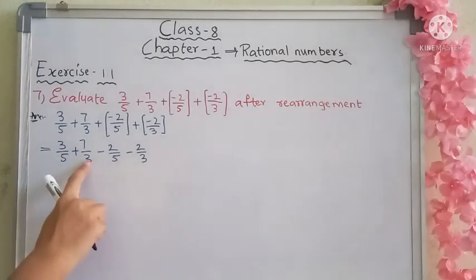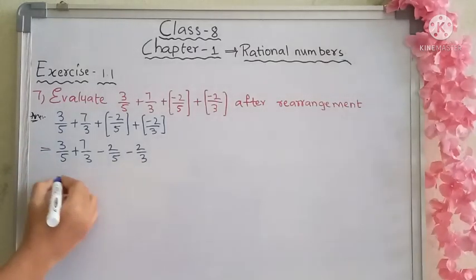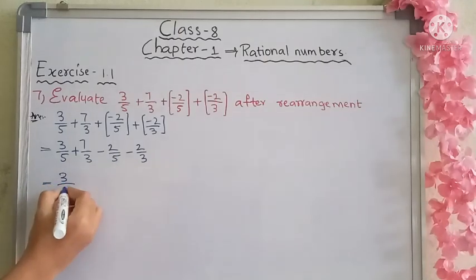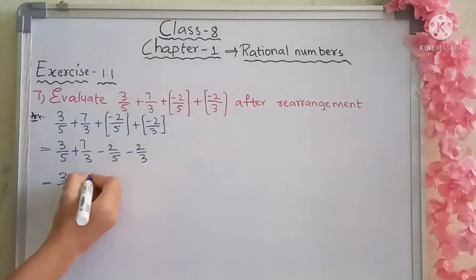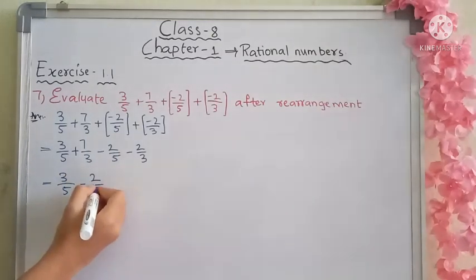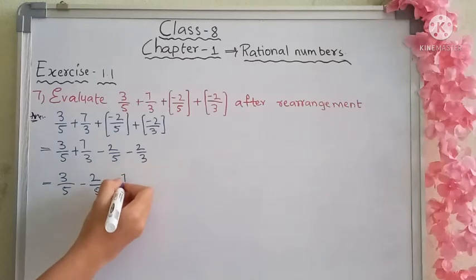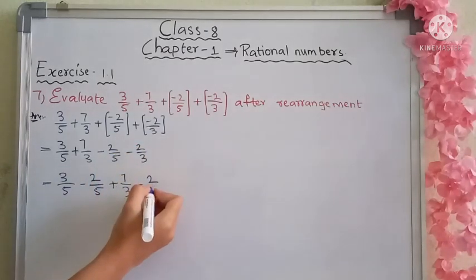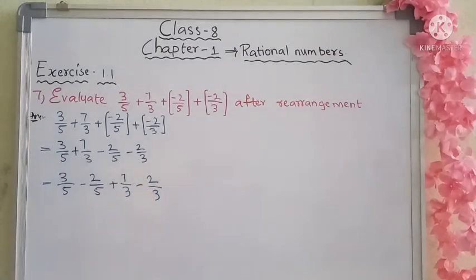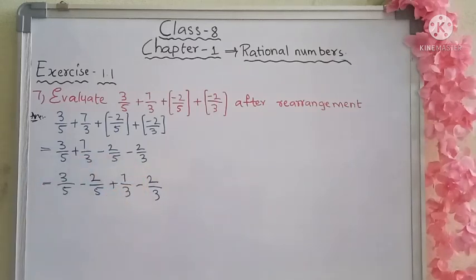So now 3 upon 5, this minus 2 upon 5, we have to bring it here. Minus 2 upon 5, this plus comes here, plus 7 upon 3 and minus 2 upon 3.